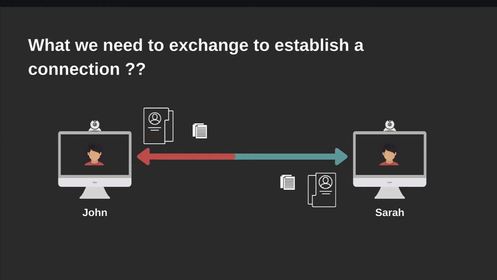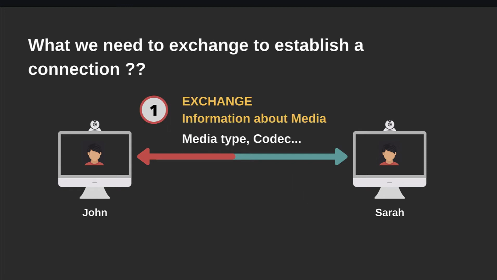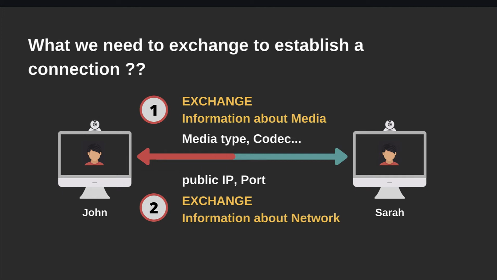Now, what kind of data do we need to exchange between the two peers to have a peer-to-peer communication using WebRTC? We need first to exchange information about media, like what media type, audio or video, and what codec is used by each peer. We need also to exchange information about network, what IP address and port to reach directly each peer. Like any communication between two different systems, we need to define formats that everyone can understand.